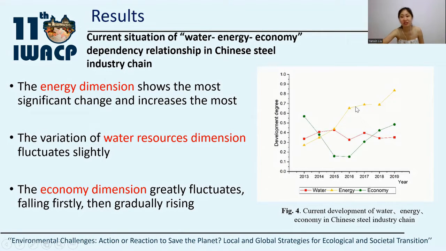It increases a lot, especially from 2016 to 2019. And the variation of water resource dimension, the red line, shows that it fluctuates very slightly. And the economy dimension, the green line, shows it greatly fluctuates. We could see it falling down firstly, then gradually rising up.